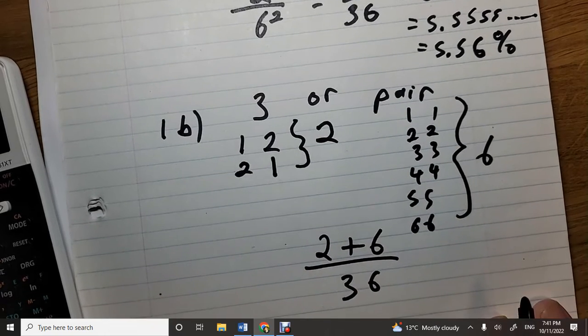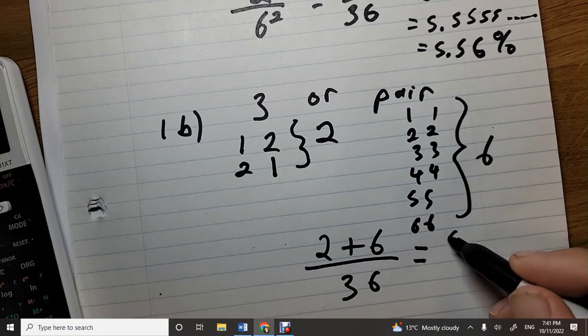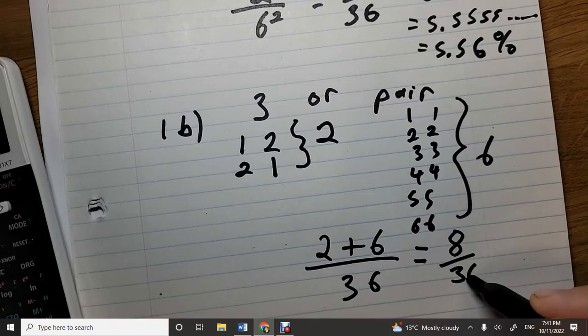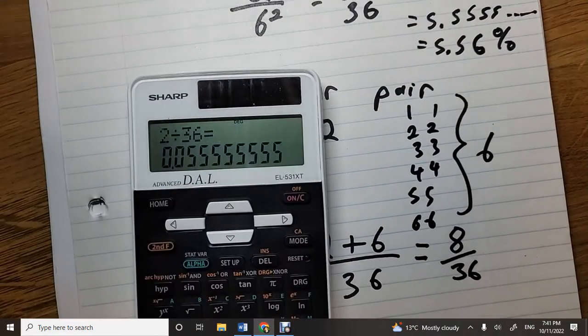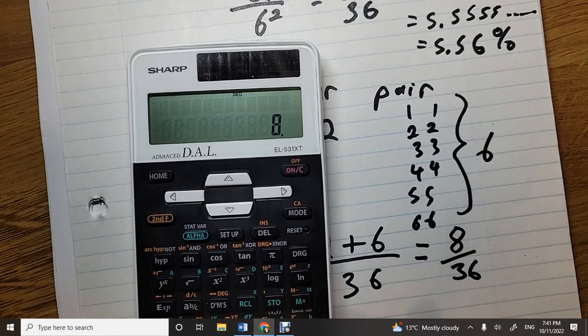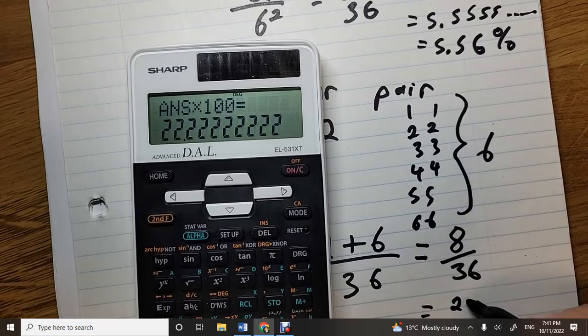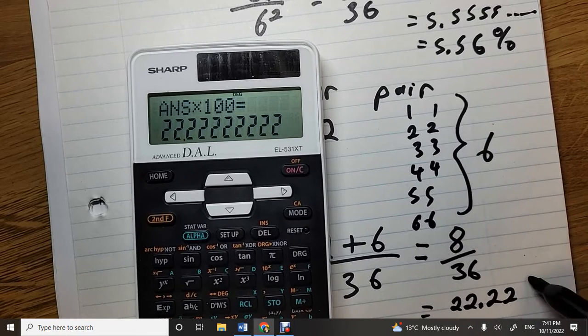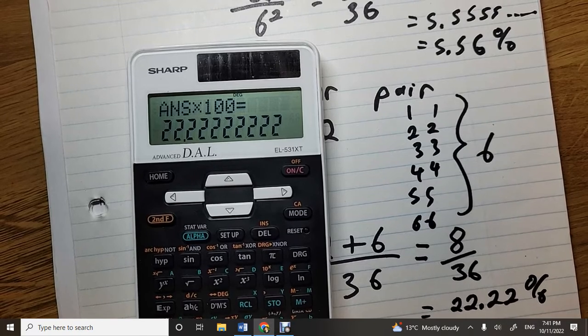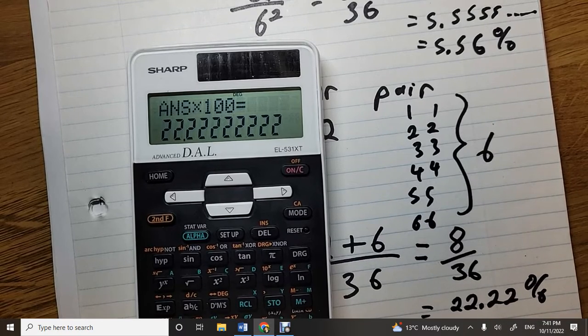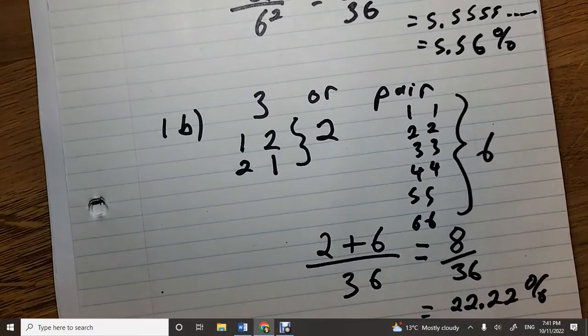So 2 plus 6 over 36, which is 8 over 36. If I use my calculator, 8 divided by 36, multiplied by 100, let's see how I round. It's 22.22%. The third number is less than 5, so it doesn't round up. So it's 22.22%.